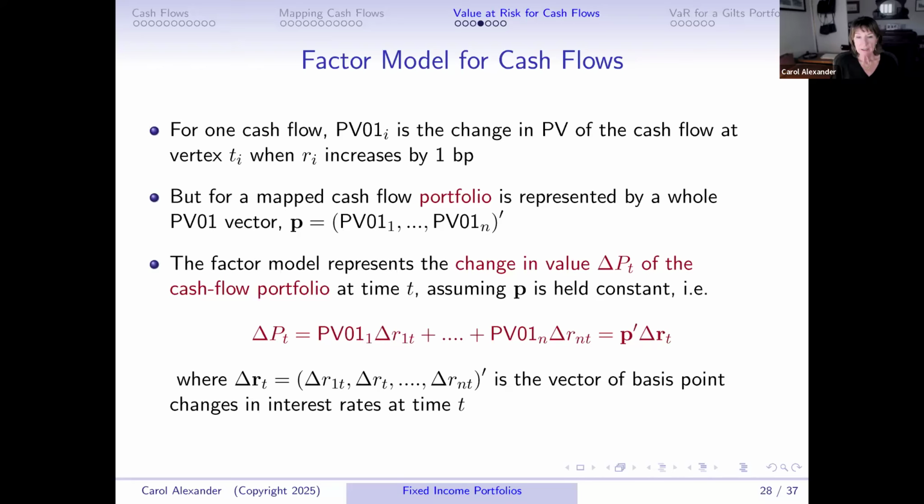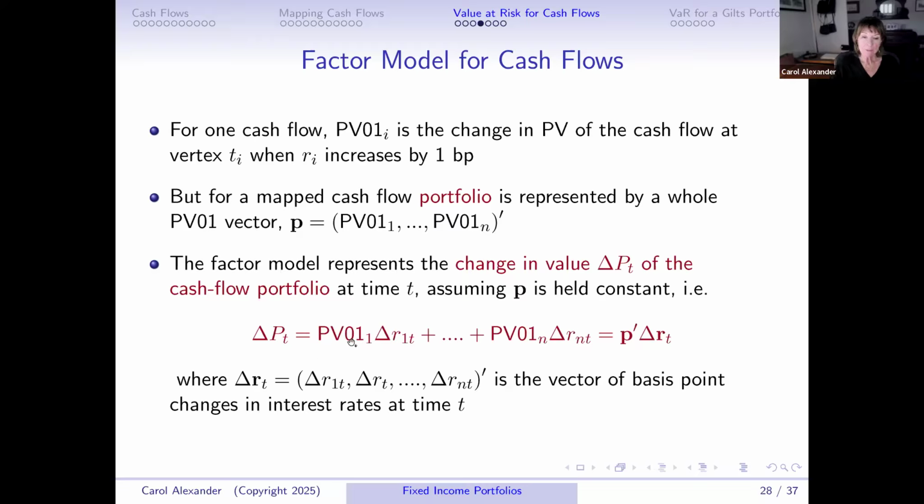It represents the change in the value of the cash flow portfolio, assuming that the PV01 is held constant. Just in the same way as beta is the constant, and you can have different returns on the broad market index and see what the systematic part of the return is on the stock. We assume that PV01 is constant, so the change in the present value of the cash flow, which is delta P_t here, is going to be the sum of the changes in the present values.